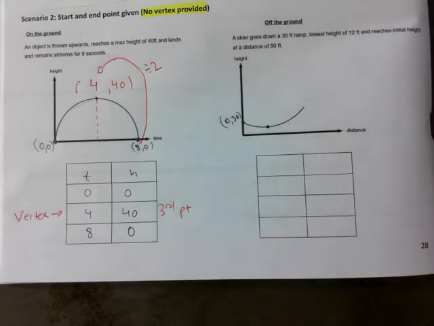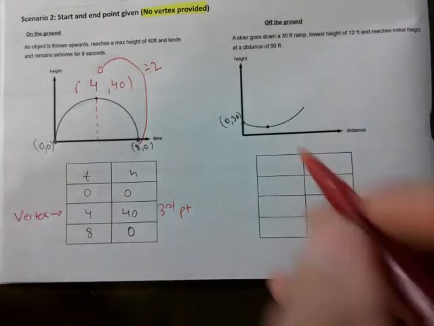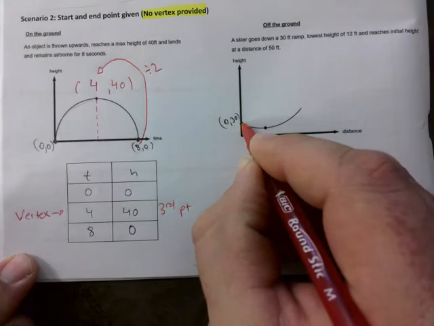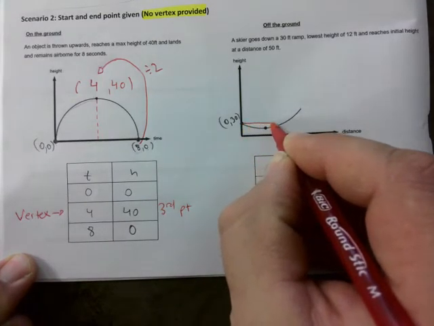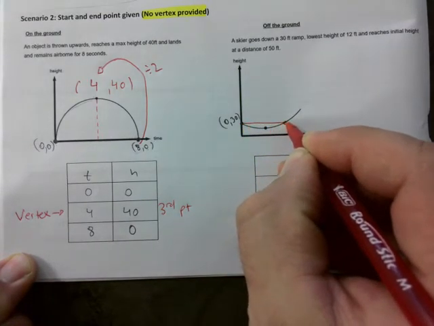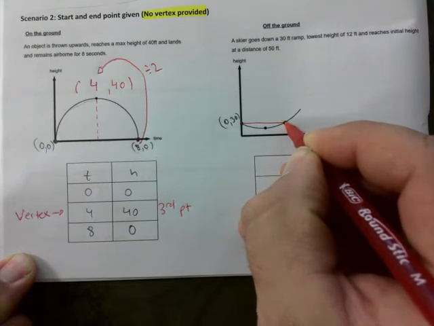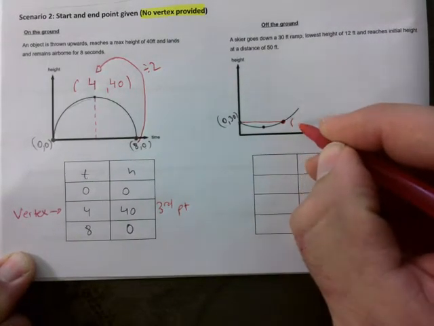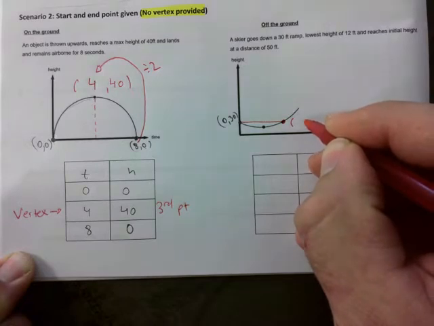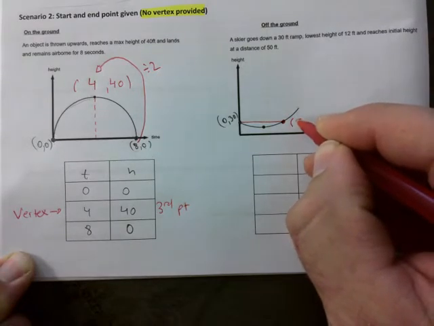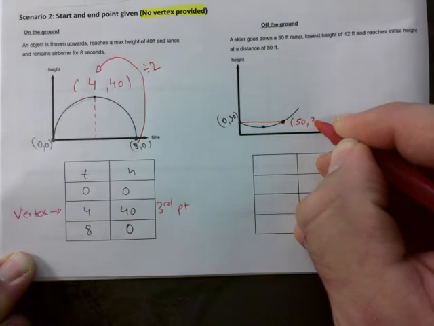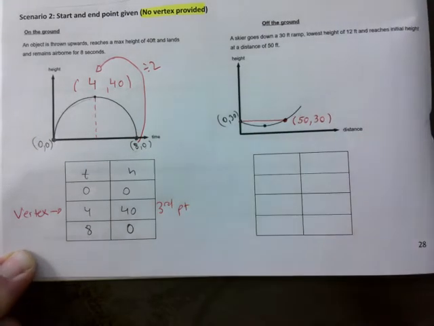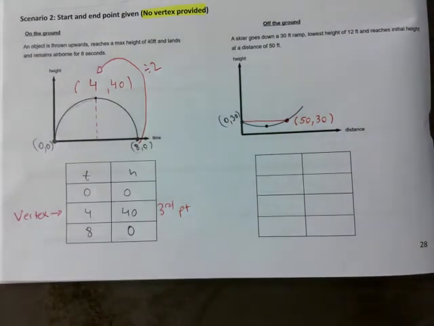So what it's saying here is that this is your initial height. If you go right across from it, you hit that same height here. And so we know that this is 50, 30 right there.